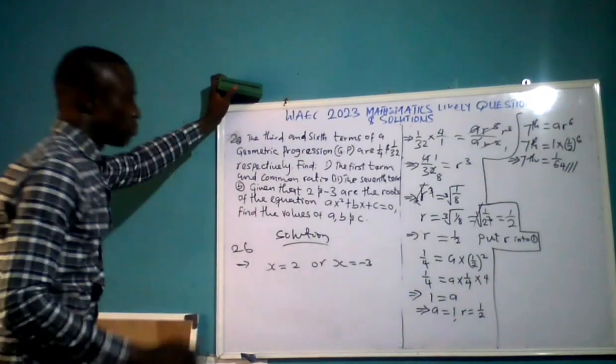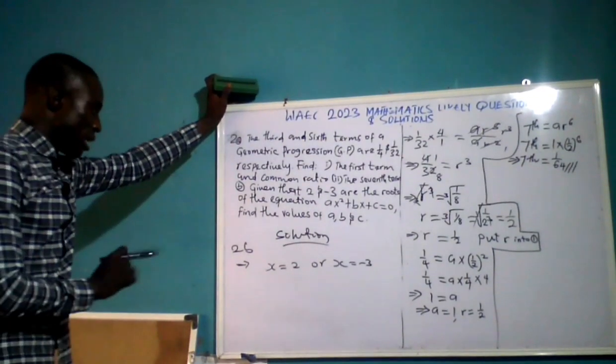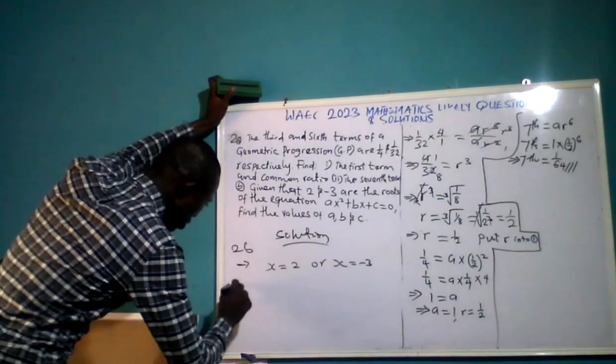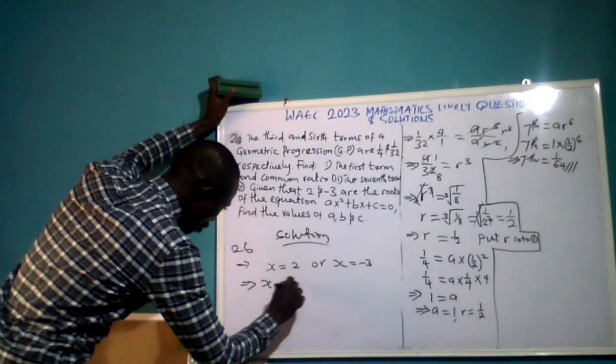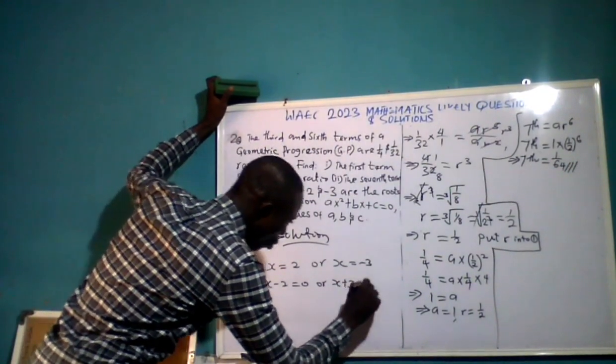That's the meaning. Having done this interpretation, the next thing is to equate both to 0, and we'll have x minus 2 equal to 0, or x plus 3 equal to 0.